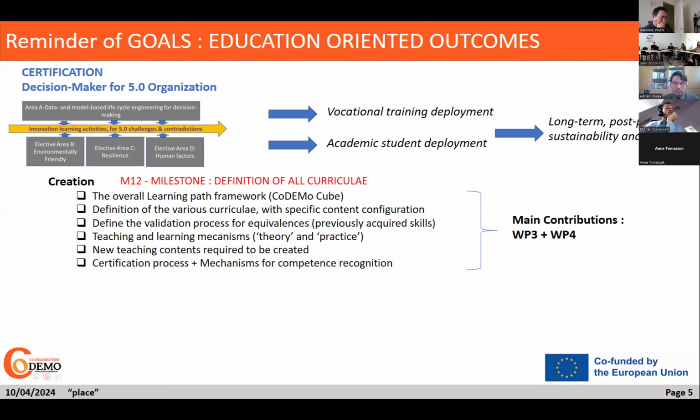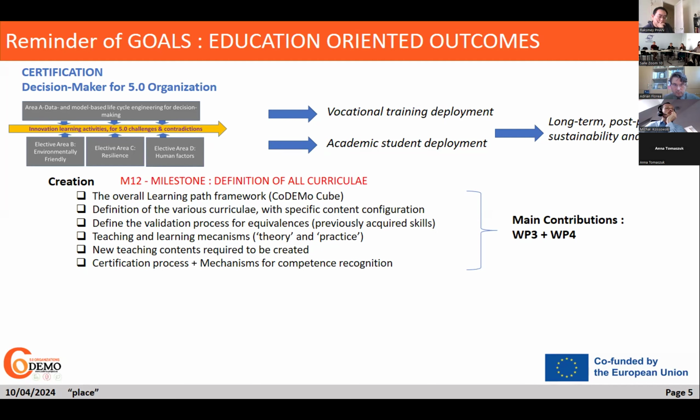And we have to define the teaching and learning mechanisms with both theoretical contribution, but also practices to develop competencies. And part of that creation, during all the project, we have to build also some contents contributing to the certification.